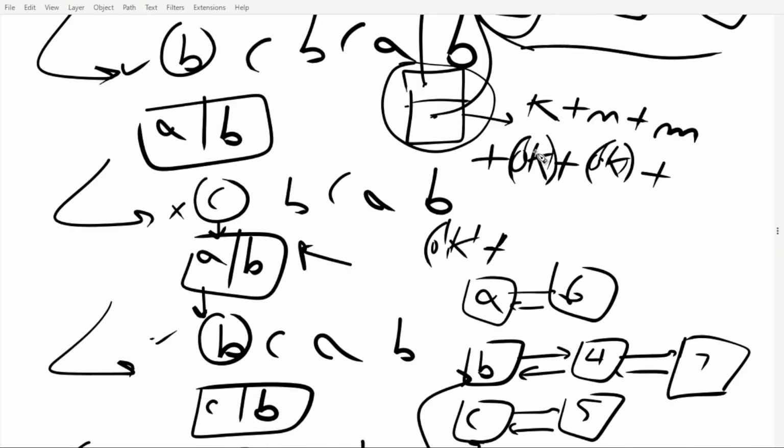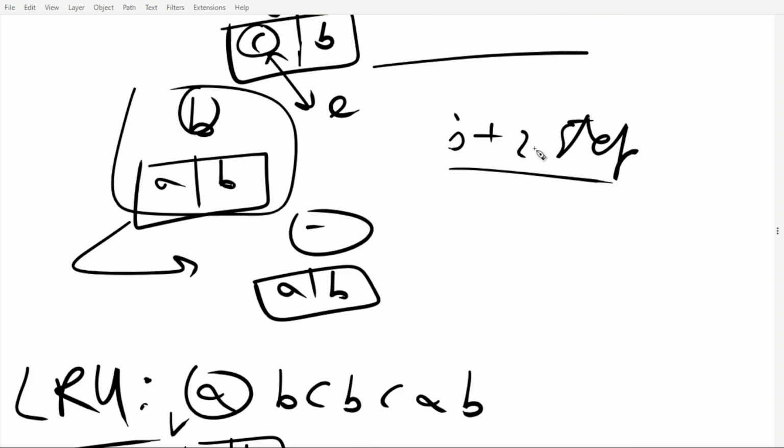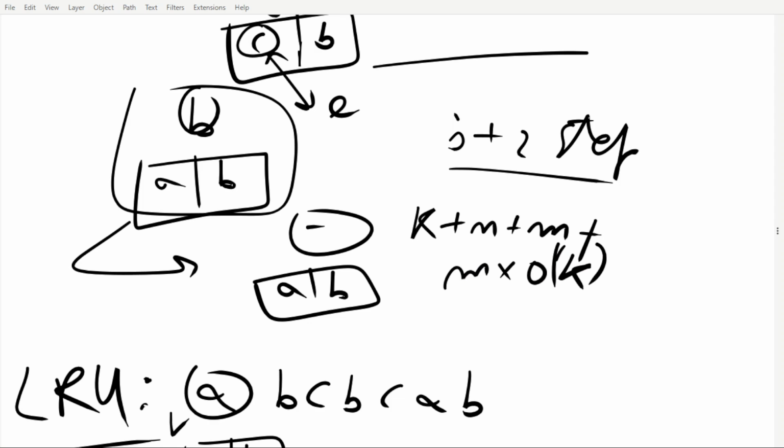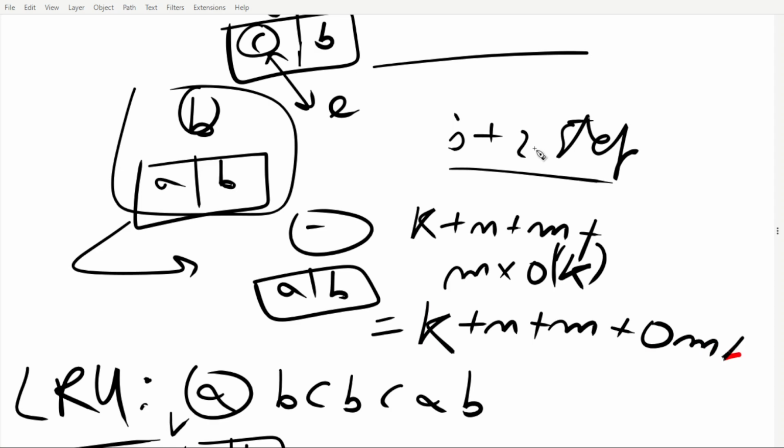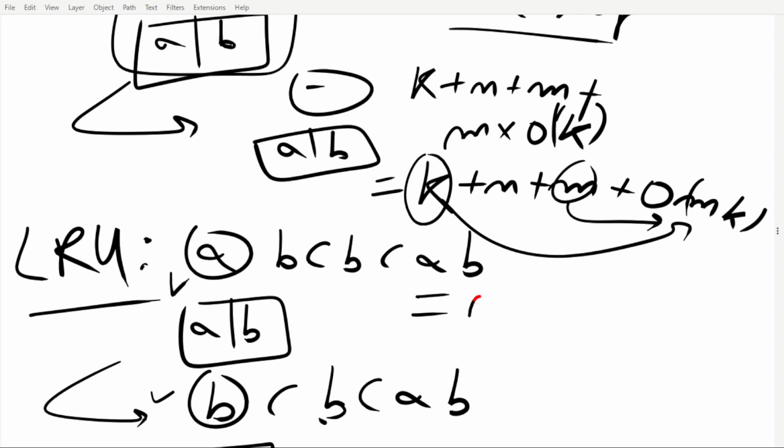So now we can write our time complexity: k plus n plus m plus m multiplied by big O of k. This is equal to k plus n plus m plus big O of mk. These terms k and m are covered by big O of mk. We get this as n plus big O of mk.